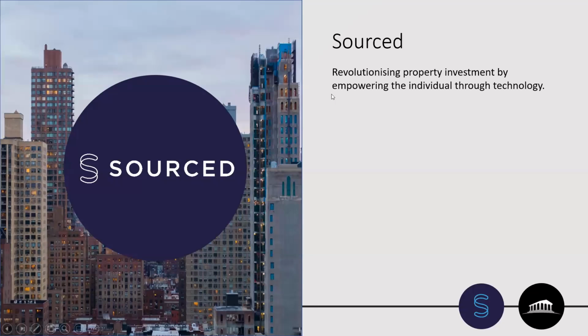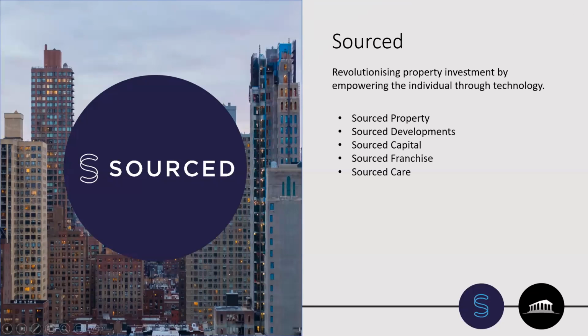So Source, anybody that's new to Source, who we are, what we do. Ultimately, we are a property company. We have 5 key divisions in our business. We've got Source Property, so we sell investment properties. We're averaging about 50 per week. We've got Source Developments, so we're building properties and developments across the UK. And we've got Source Capital, which is what we're bringing the presentation to today, which is our peer-to-peer lending platform.